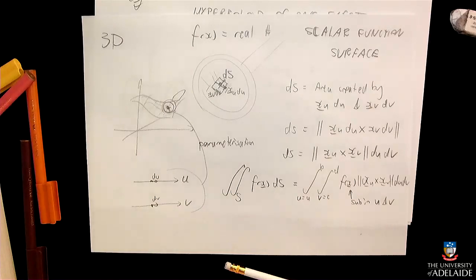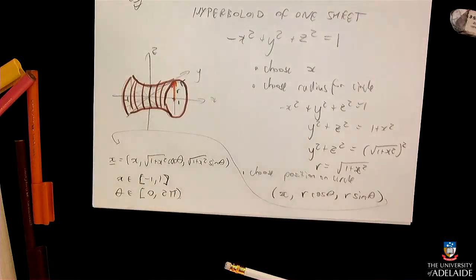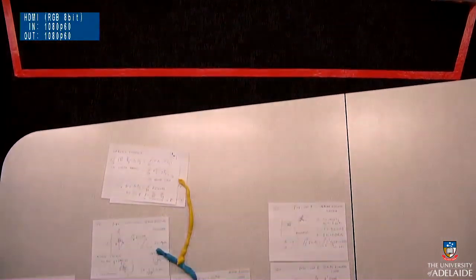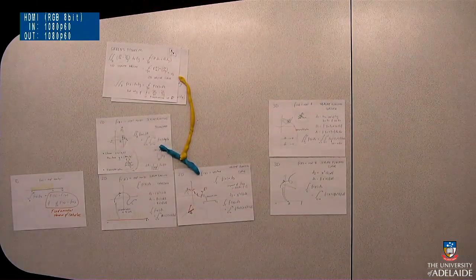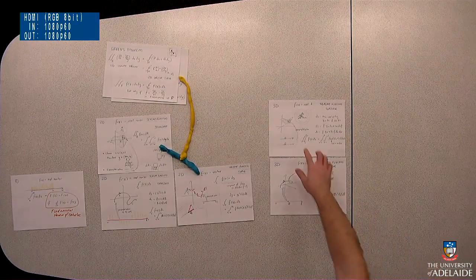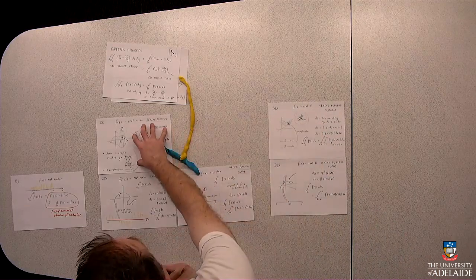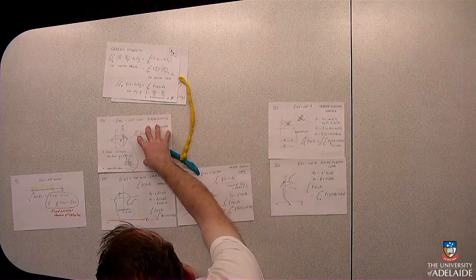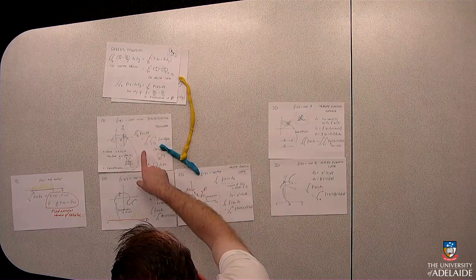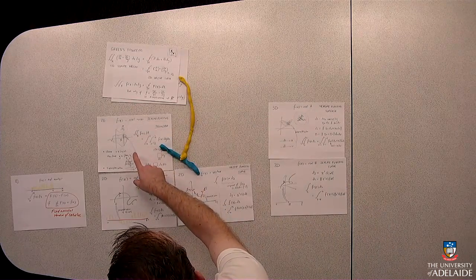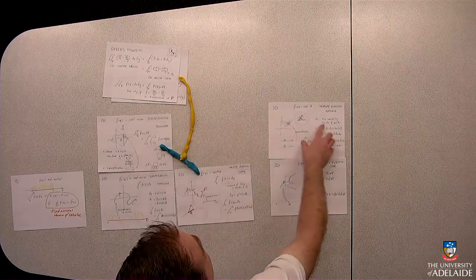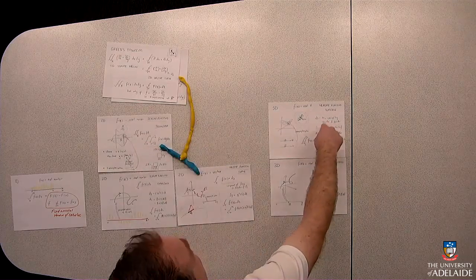And now we've done a scalar function across a surface in 3D, and that's this thing, and it's very similar to the scalar function across a region area in 2D, except we had to use the rate of change of the parameterization here in order to create our little piece of area.